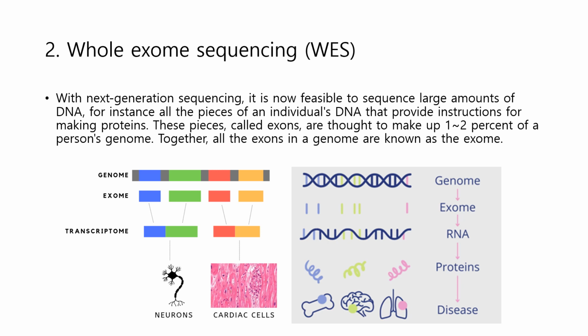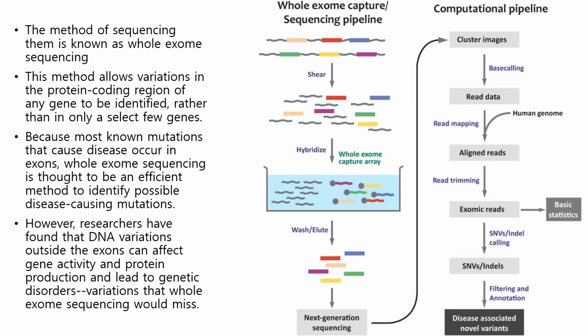So if you are interested in the genes which cause proteins, it's better to perform whole exome sequencing. The whole exome sequencing process is similar to whole genome sequencing. The only difference is you have to capture the whole exome using a capture process. The other processes are similar to whole genome sequencing.